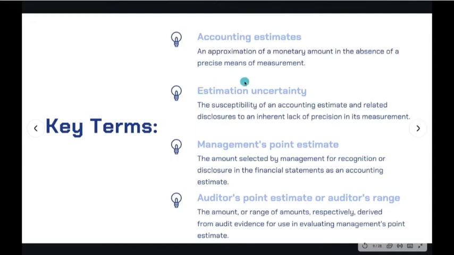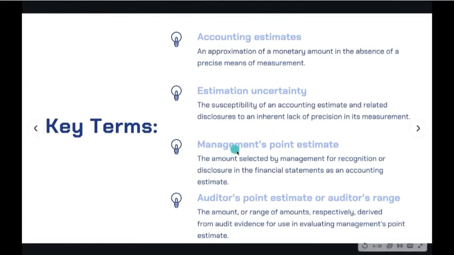An accounting estimate is the approximation of a monetary amount in the absence of a precise means of measurement. Estimation uncertainty is a susceptibility of an accounting estimate and related disclosures to an inherent lack of precision in its measurement.